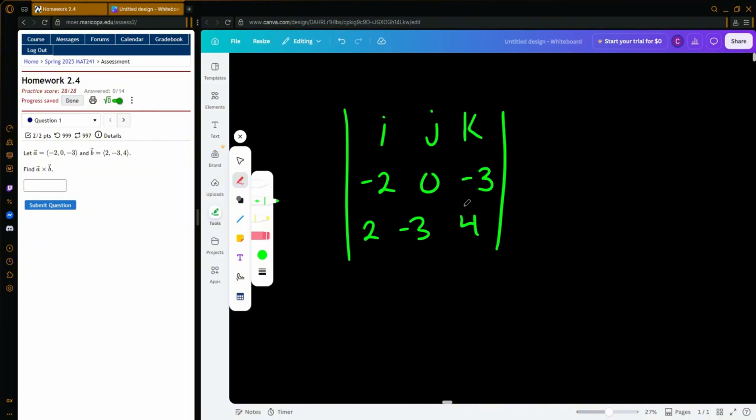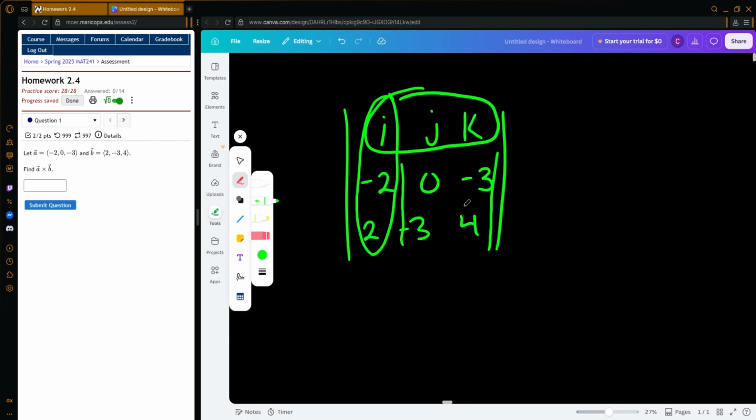So to do the cross product, we're first going to start with our I. You're going to look at I, and it's going to blot out or kind of ignore these columns. What you're going to do is take the determinant of these numbers here. So the determinant is multiply these numbers and then subtract the product of these two numbers.